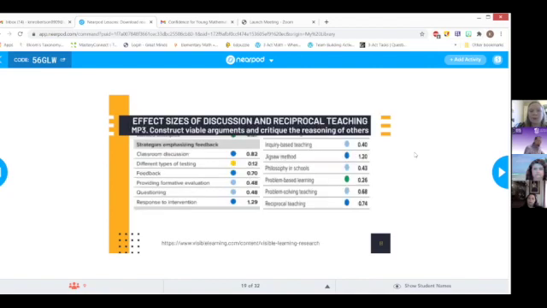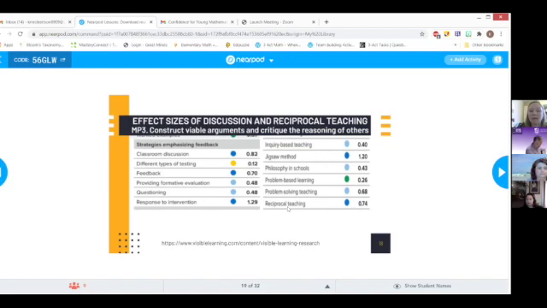All right, so I want to transition a little bit from looking at the effect sizes of those teaching strategies to now looking at effect sizes of discussion and reciprocal teaching. So this is an image zoomed in on John Hattie's research, as mentioned earlier, and the effect sizes of items such as class discussion, feedback, questioning, and also a discussion technique called the jigsaw method, and reciprocal teaching, that we'll look at in just a moment.